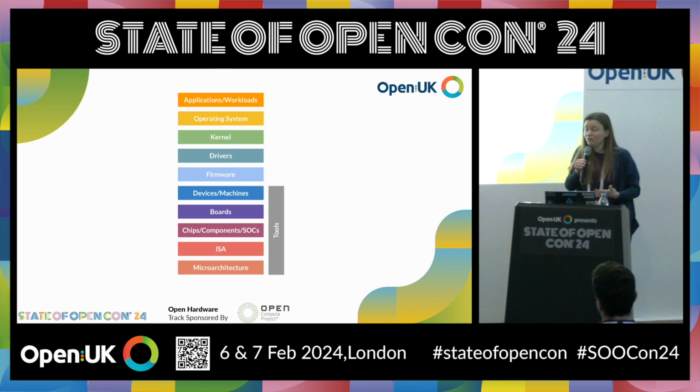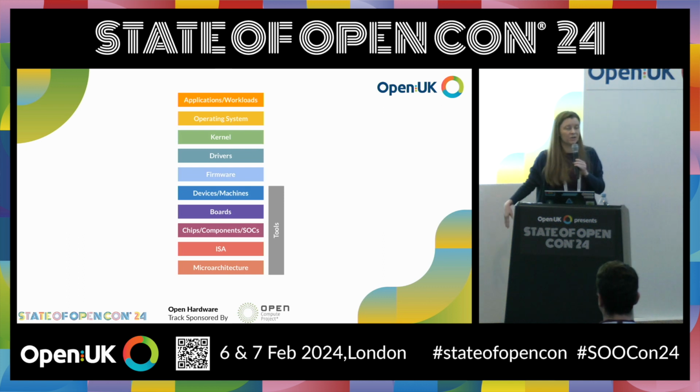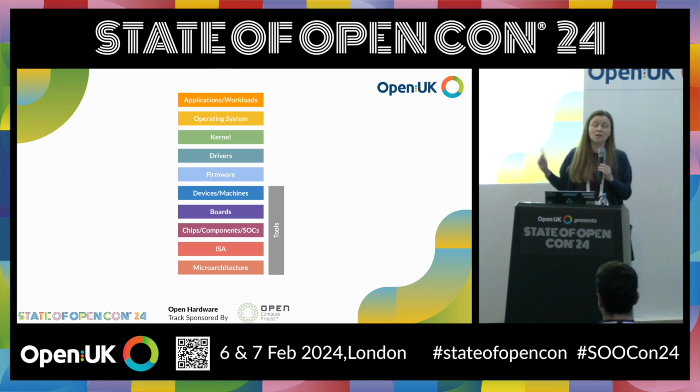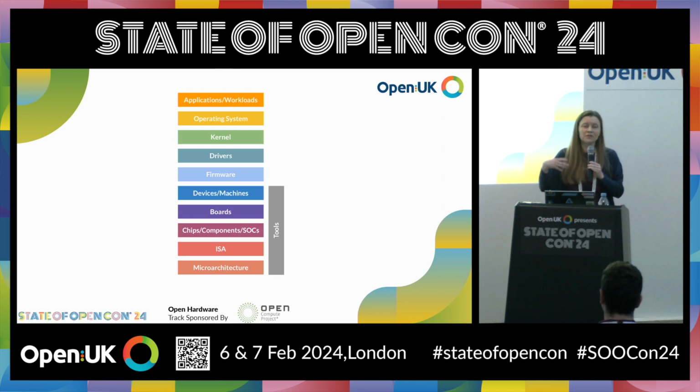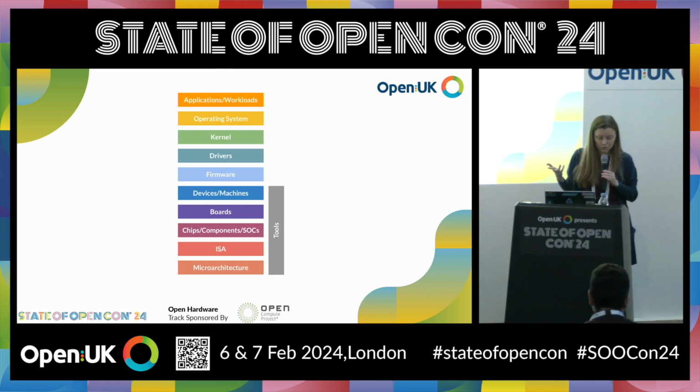But then, even if your entire stack, applications all the way down to the microarchitecture is open, one of the challenges in open hardware is, for now, a lot of the tools are still proprietary. So we're kind of stuck in this space, unlike open source, where you can always use GCC, you can always use Verilator, verification tools for checking your source code.